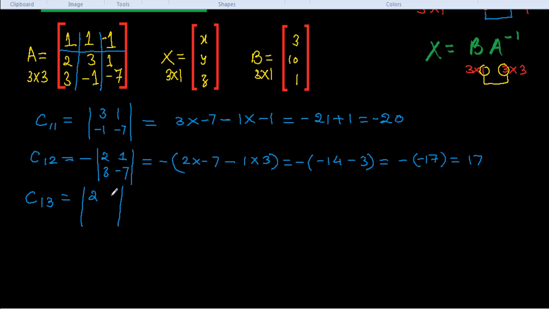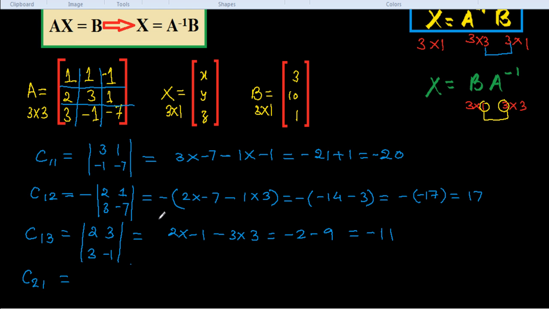The elements are 2, 3, 3, minus 1. The same process we follow: 2 into minus 1, minus 3 into 3. So it is minus 2, minus 9, which is minus 11. So this is C13.